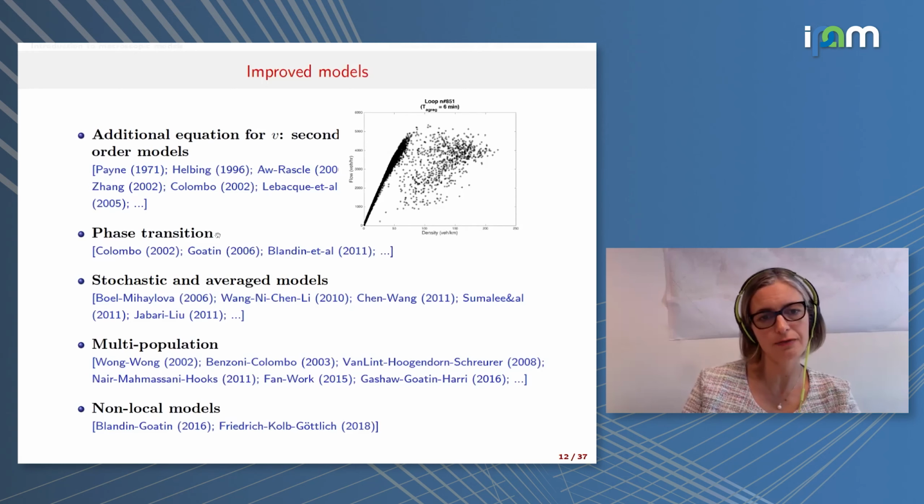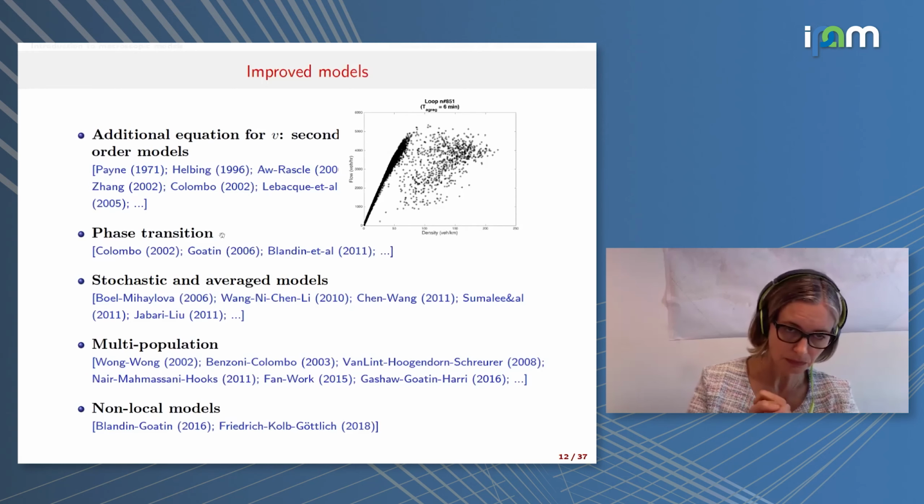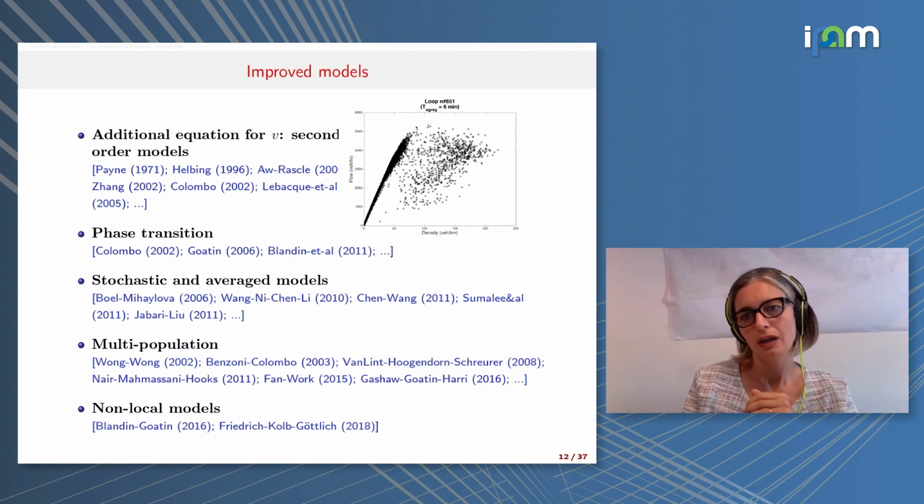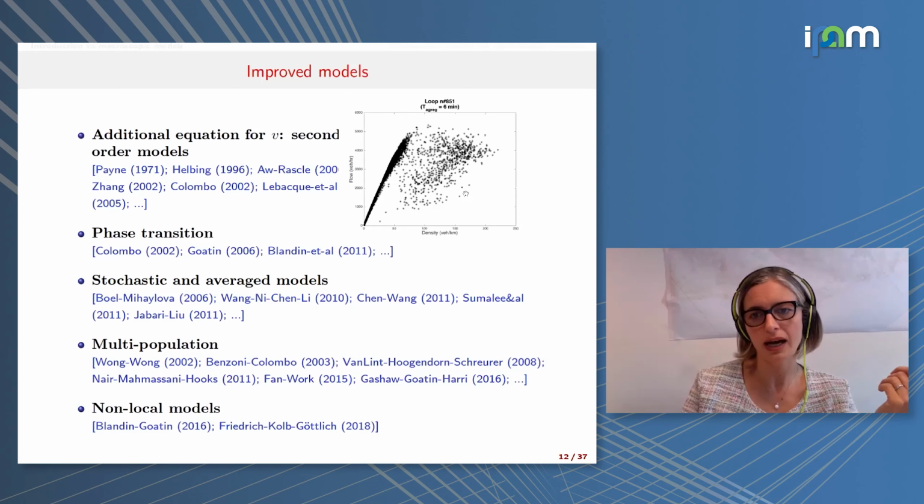Afterwards, there have been some extensions, some coupling of the second order model with first order model, because we agree that in free flow, first order models are enough. While in the congestion region, we may need the second order model.